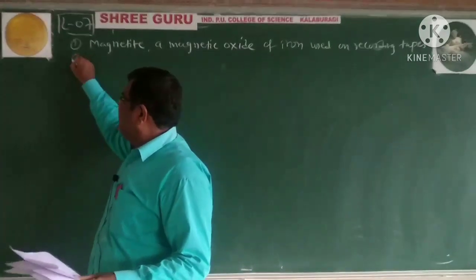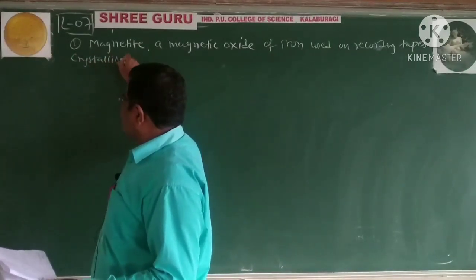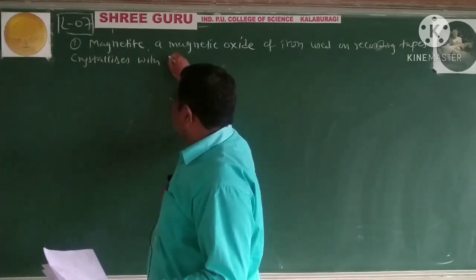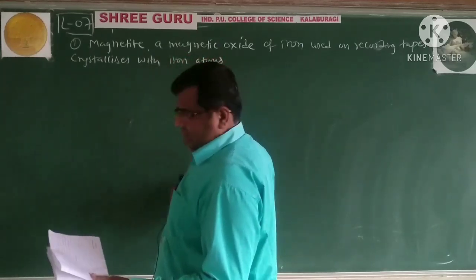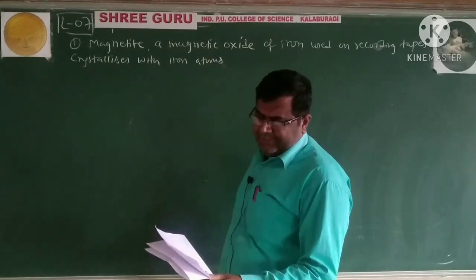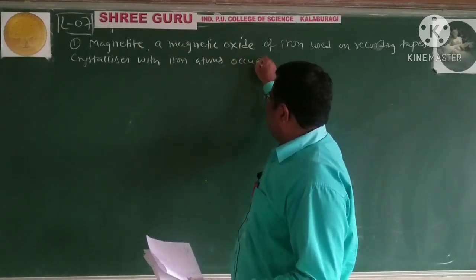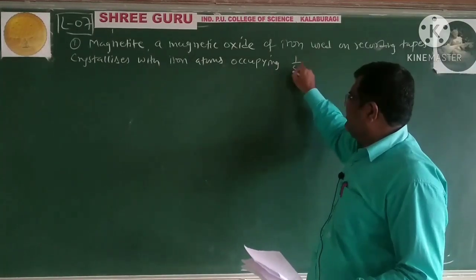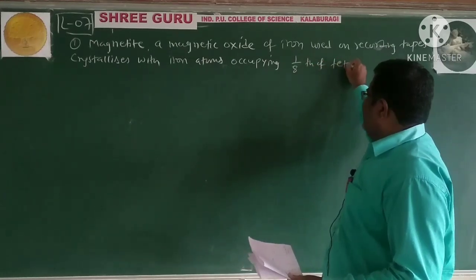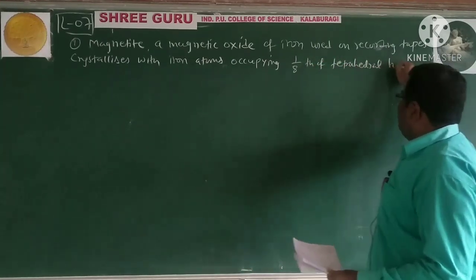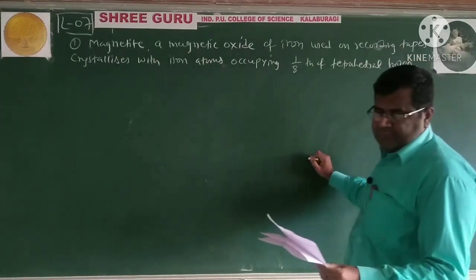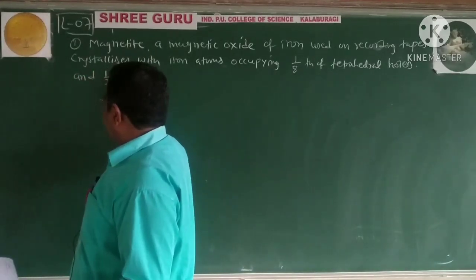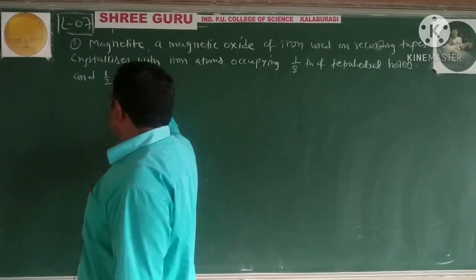Crystallizes with iron atoms occupying 1/8 of tetrahedral holes, holes means voids, and half of octahedral holes.